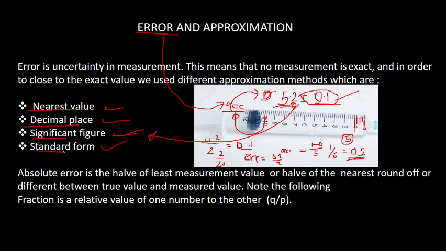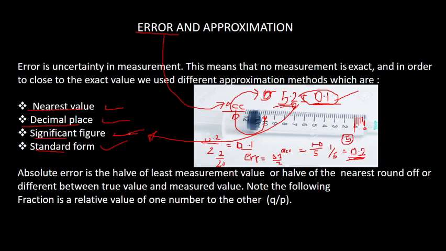And from that, you should be able to calculate absolute error, relative error, as well as percentage error. These are the three types of errors that you need to know for now as fundamental knowledge: absolute error, relative error, and percentage error. You will see the formula for each of these.